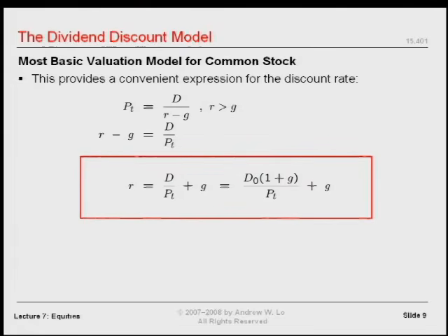The dividend price ratio is equal to R minus G, or R, the discount rate that I'm using for the cash flows, is given by the dividend yield plus the rate of growth implicit in that company's investment opportunity set.